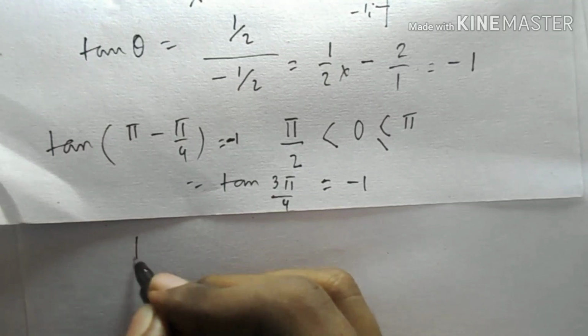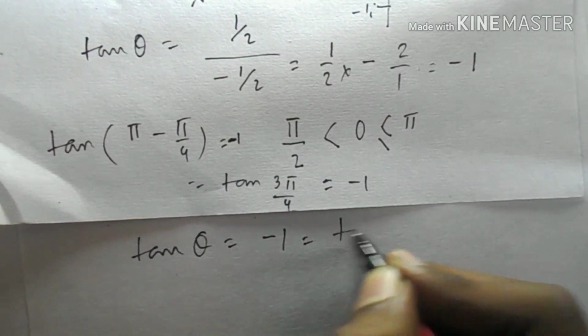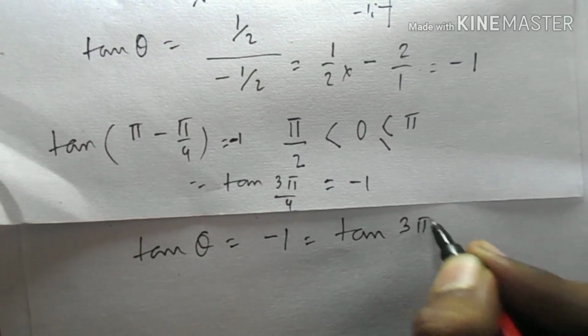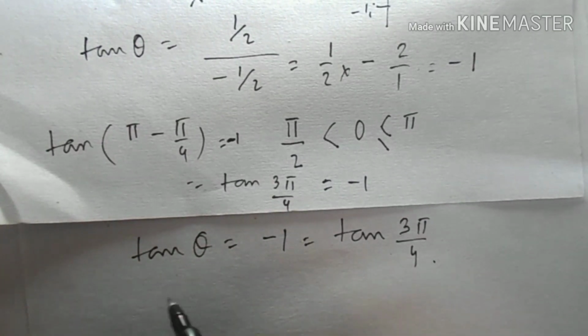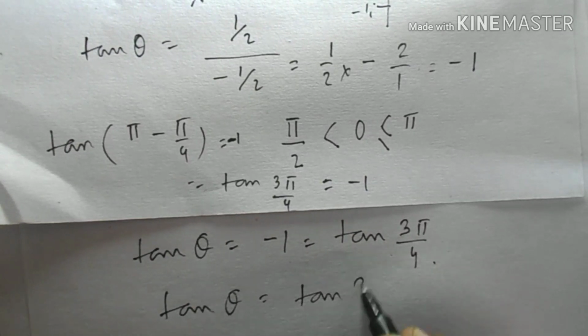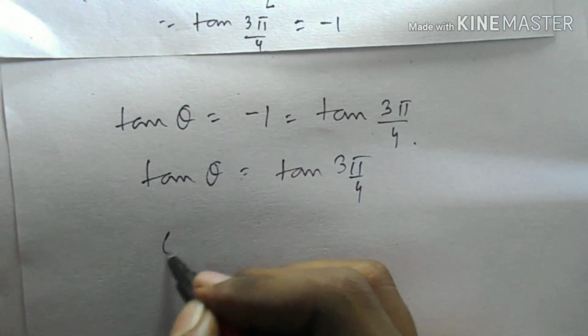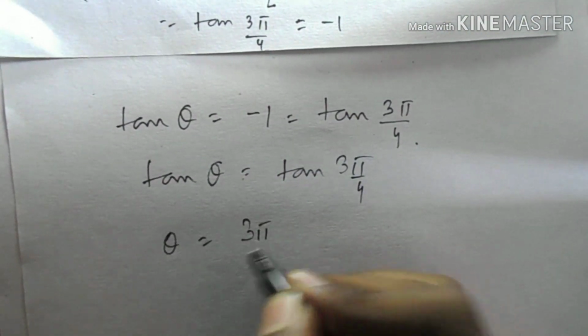So we get tangent of theta equals -1, which is equal to tangent of 3 pi by 4, or we get theta is equal to 3 pi by 4.